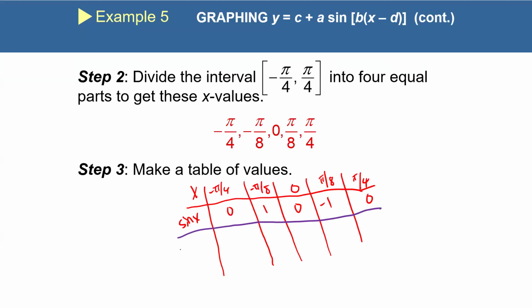So to find my new y's, we take sine of x, multiply by 2, and subtract 1. So 0 times 2 is 0. 0 minus 1 is -1. 1 times 2 is 2. 2 minus 1 is 1. 0 times 2 is 0. 0 minus 1 is -1.